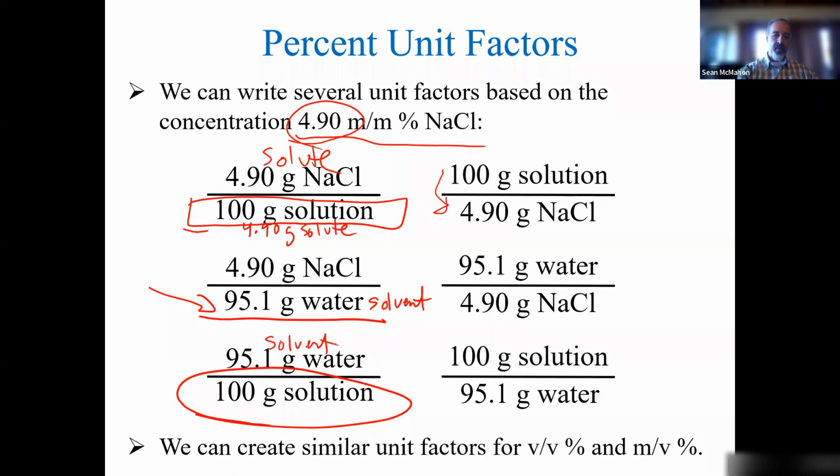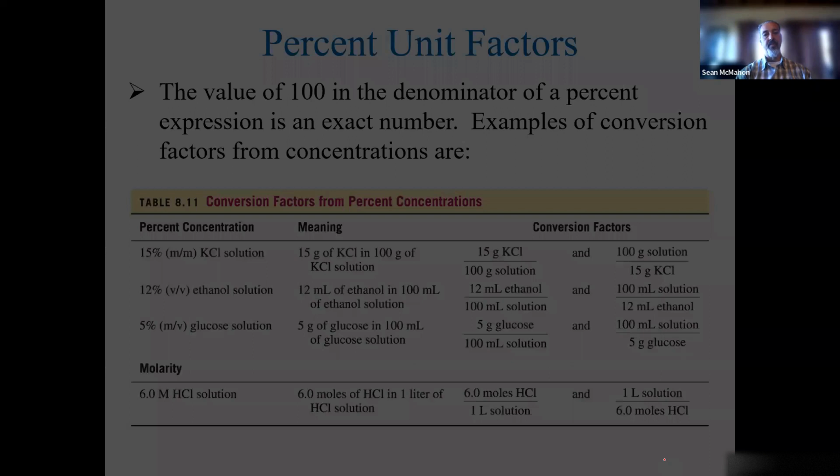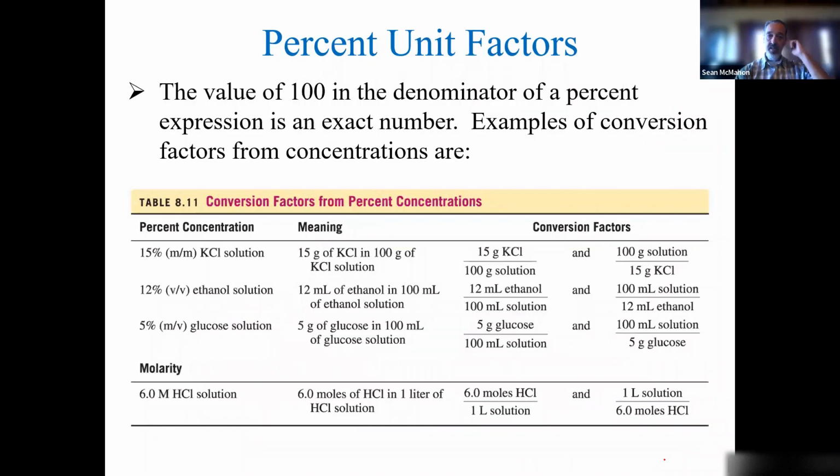And you've already seen we've been using the volume to volume and the mass to volume ratios. So I really like percents. In chemistry, we don't do a lot of percent concentration, I'll be honest. This is primarily geared towards allied health majors.